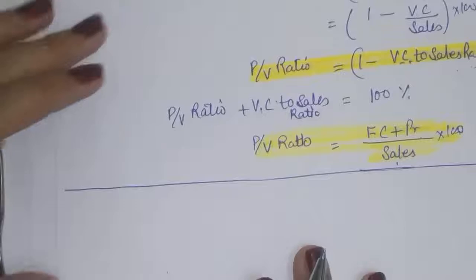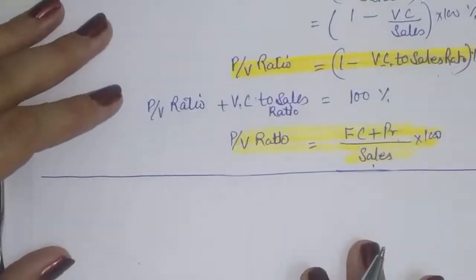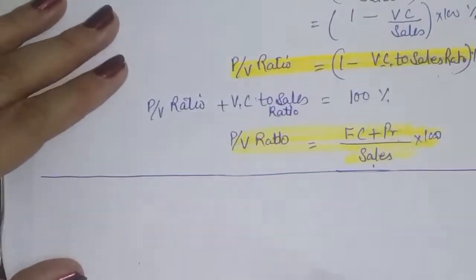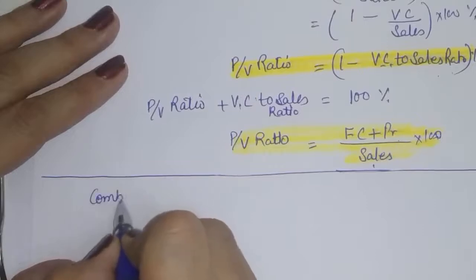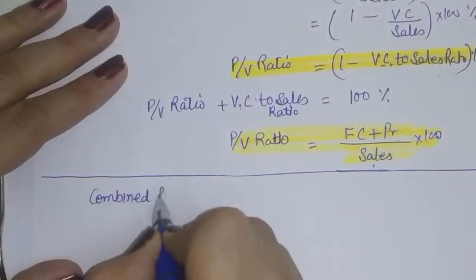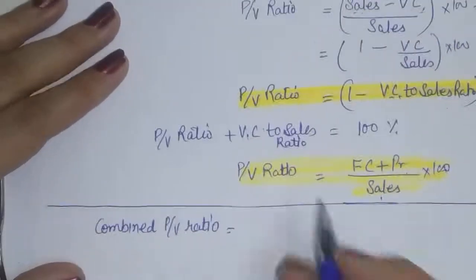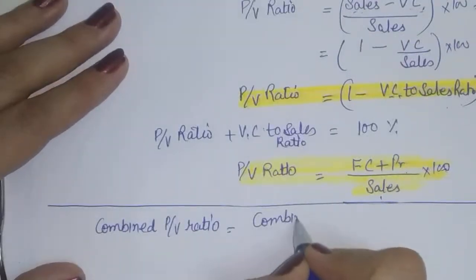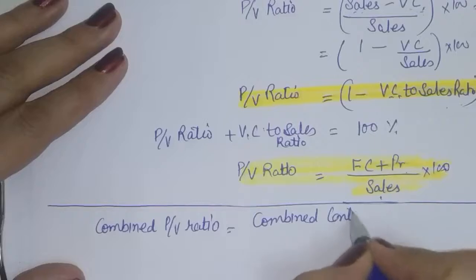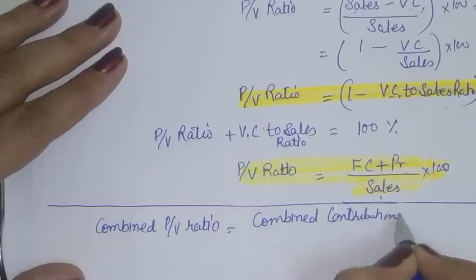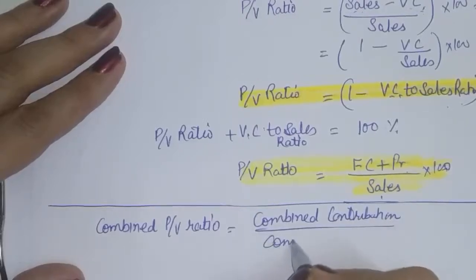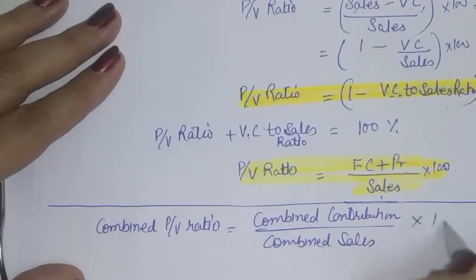Now if we have two or more product lines, how will we determine combined PV ratio? We'll have to take combined contribution upon combined sales into 100.